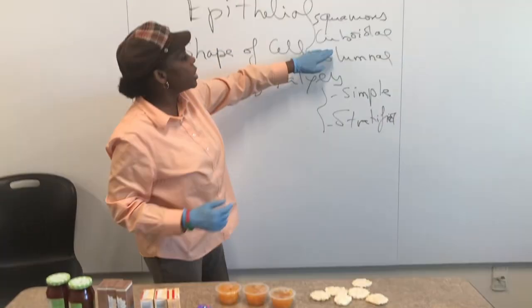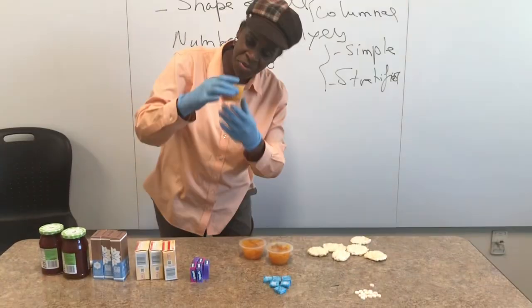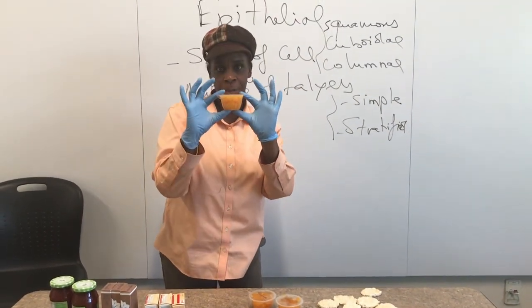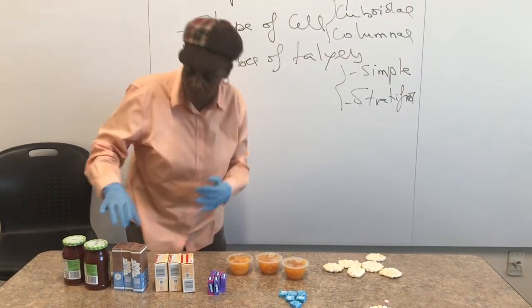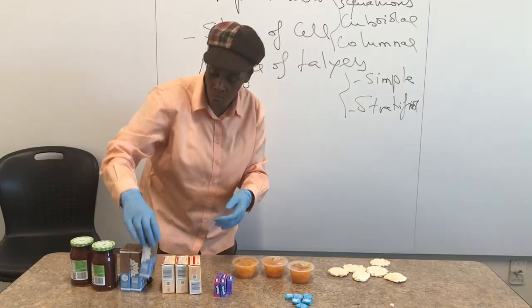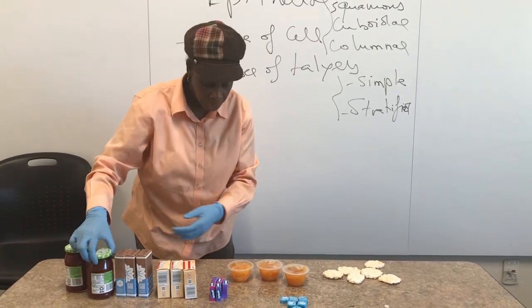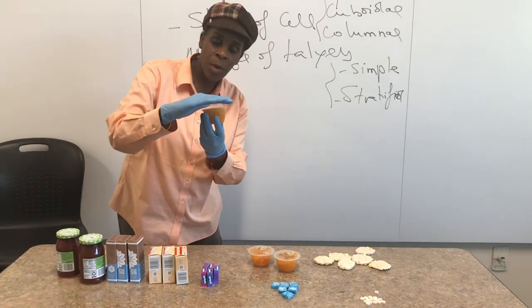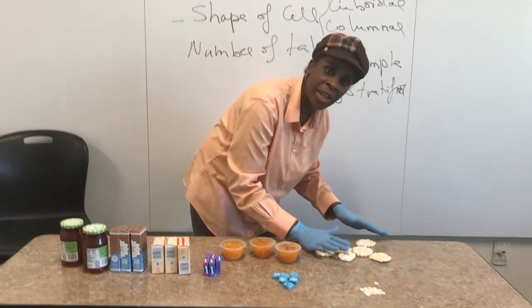The cuboidal looks like a cube. Or columnar will be long, like this one, or even this. Cuboidal will have the height and the width looking the same, and squamous will be very flat.